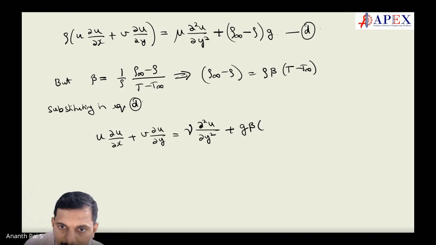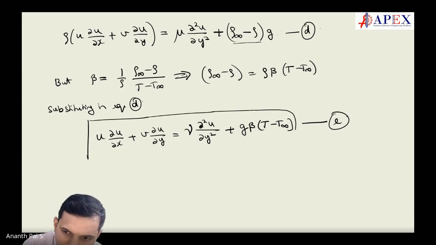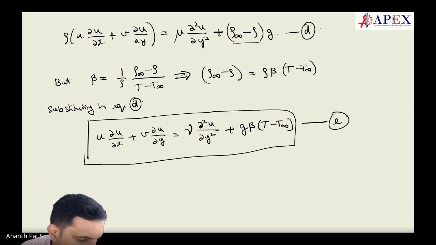Yeah, rho gets cancelled with this rho. This rho comes down and cancels with whatever rho is there. So rho infinity minus rho is given as rho into beta, and one rho is coming down here and cutting. So it is t minus t infinity. Very important one, students. T is very important. Now, this is an important one, so I'll put it like this because this equation may be used a number of times. Very important.